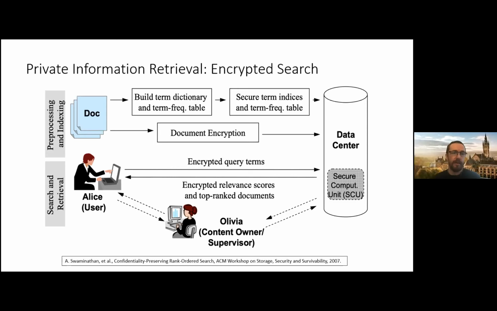So here, down the bottom of the picture, we have Olivia. Olivia is a content owner, and so she's owning content, but she's also allowing Alice to search the content. But if you remember, we said that we've got an encrypted version of the documents and the search engine structures within this data center.